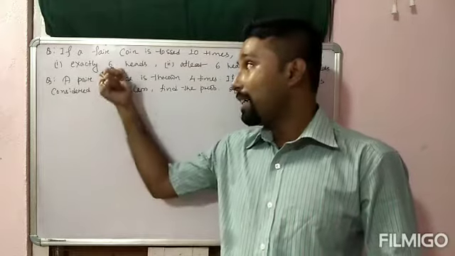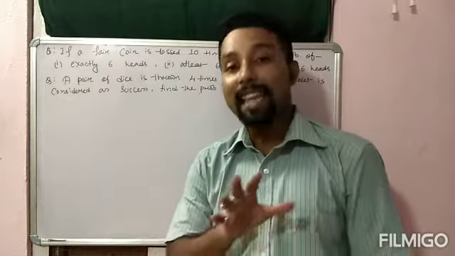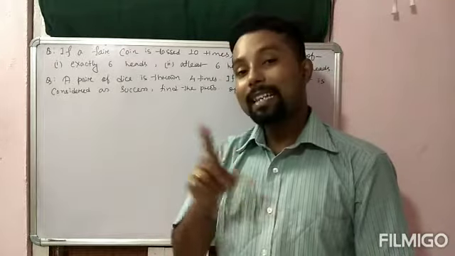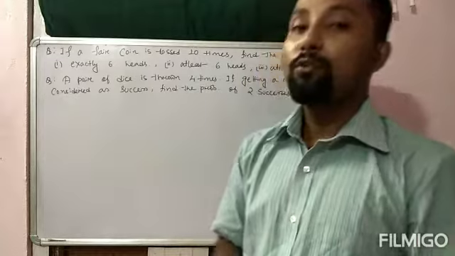Since you are asked to find the probability of getting exactly 6 heads, you have to consider head as the success part, whereas tail is the failure part.